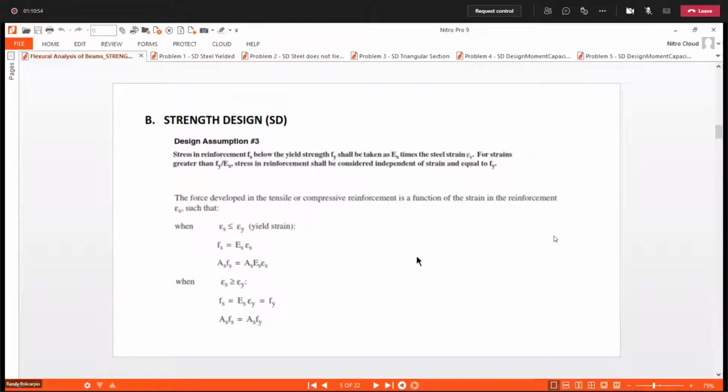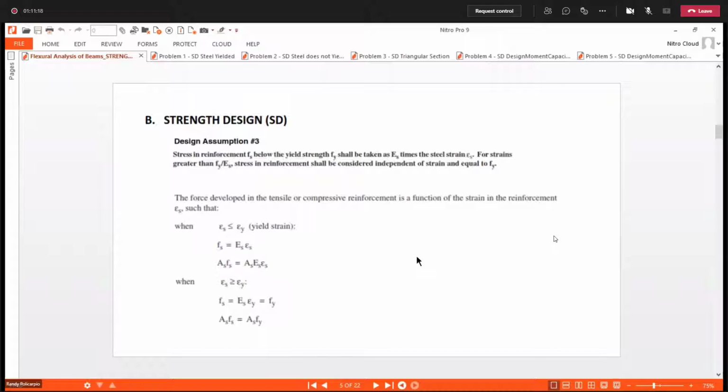Hooke's law is that stress is directly proportional to strain, that is, stress is equal to E multiplied by strain.